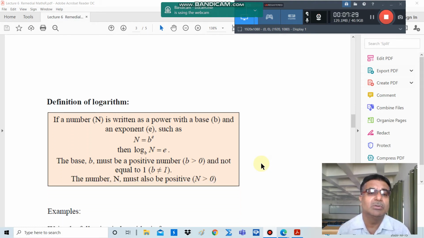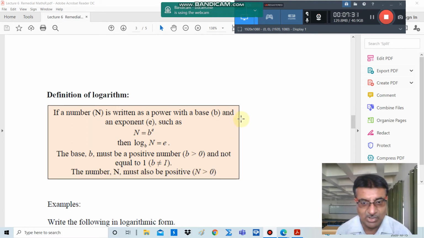Now the logarithm. After discussion of the exponents and the laws, we use the definition of logarithm. If number n is written as a power with a base b and the exponent e, then n equals b to the power e.